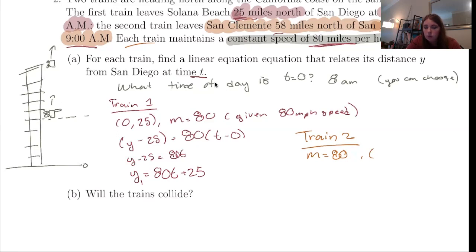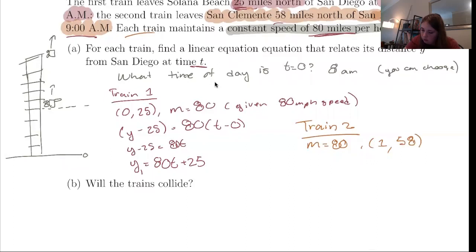So at what time am I going to be 58 miles away? What does t equal at 9 a.m.? 1, right? Good job.